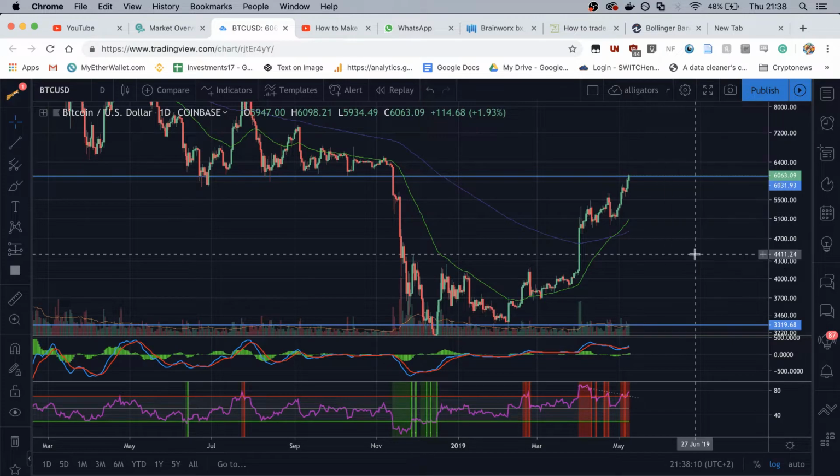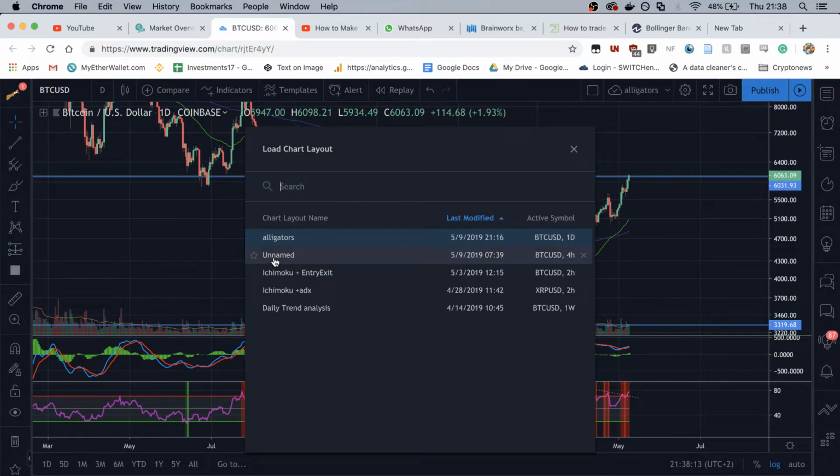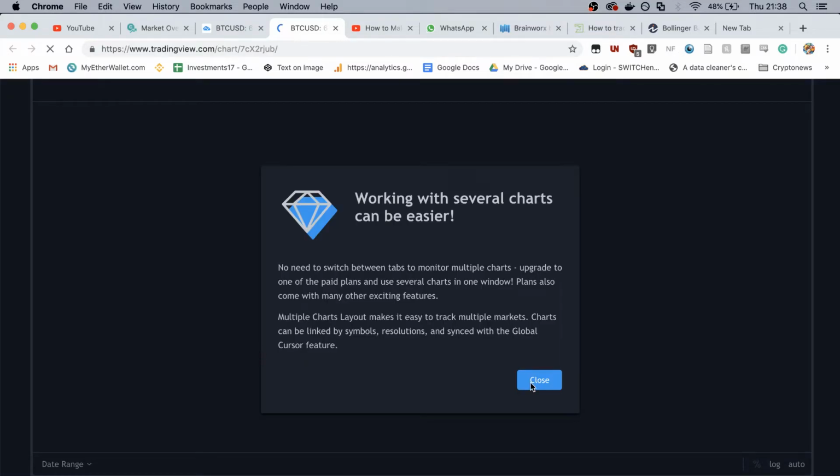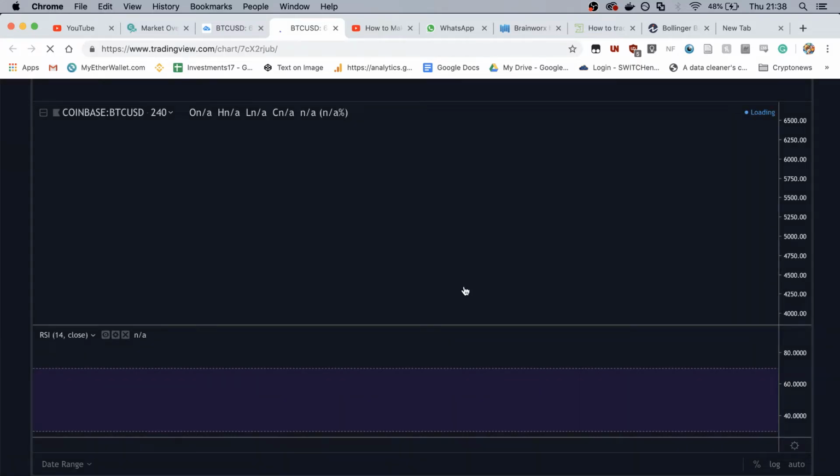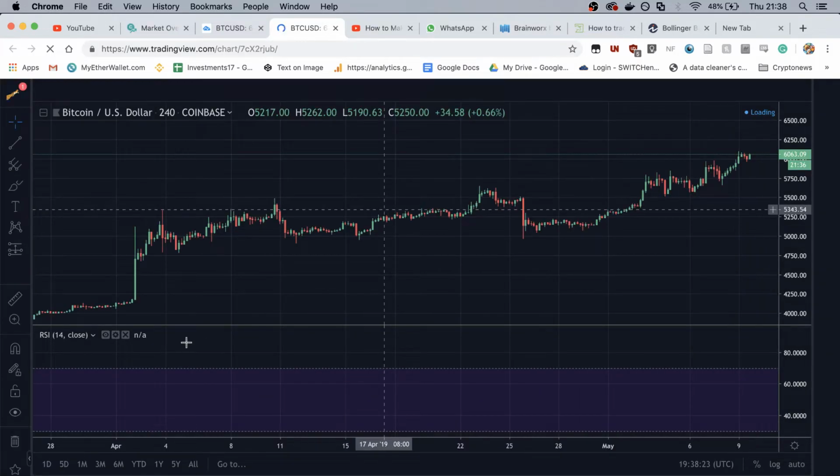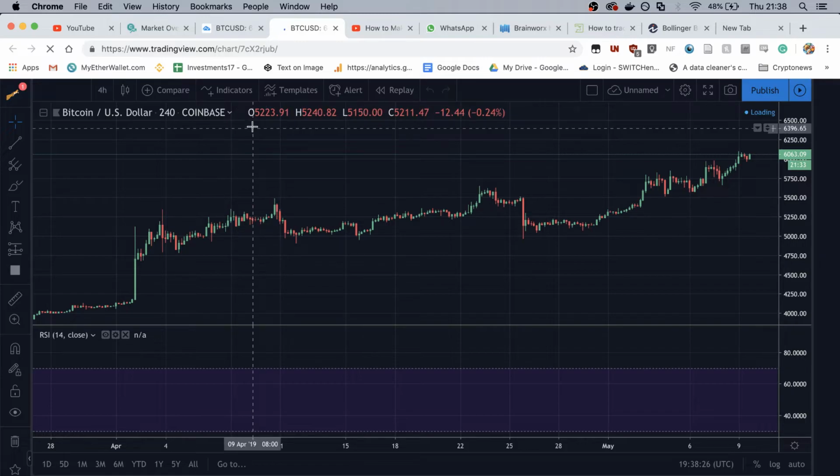So I load a new chart layout. Since this one I need, we'll take this unnamed chart layout, and as soon as it loads, we can... Oh, let's close this. It would be nice if it loaded a bit faster, but never mind.